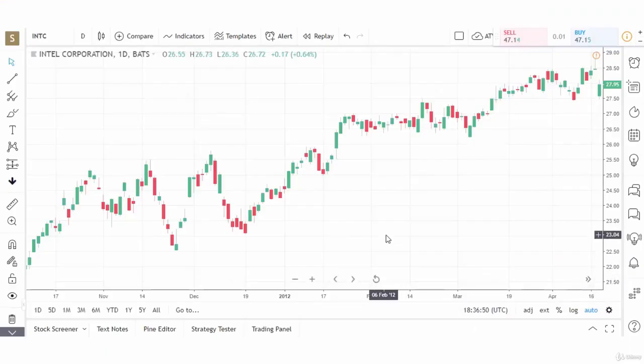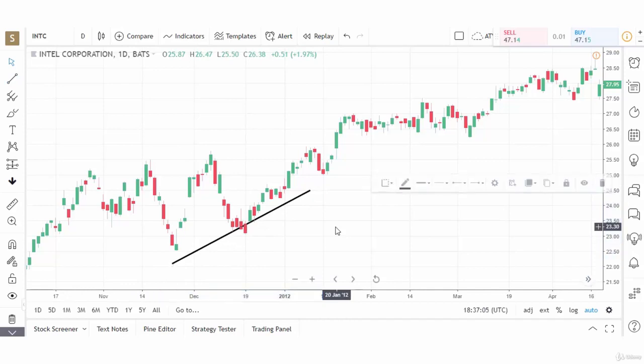Let's look at our first pattern, which is a flag pattern in the chart of Intel. Intel was trending up. We have the stock in an uptrend, and we see a pullback in the uptrend here.